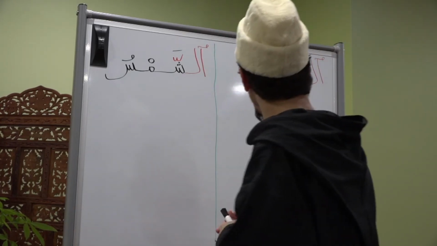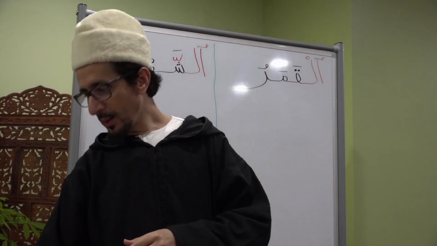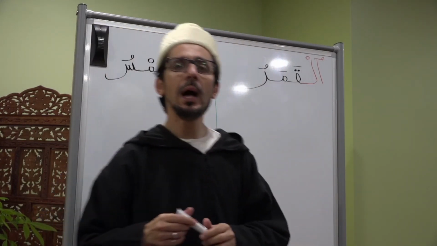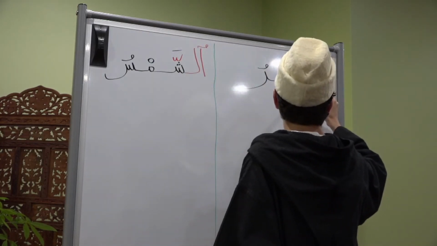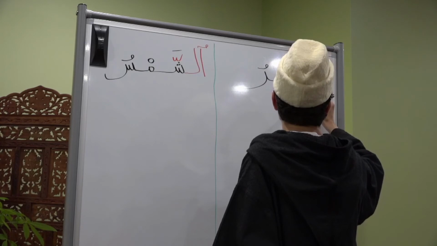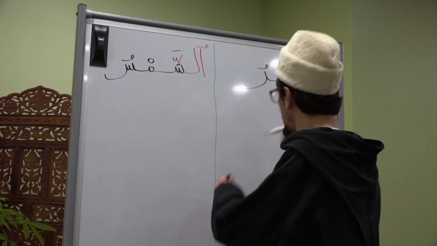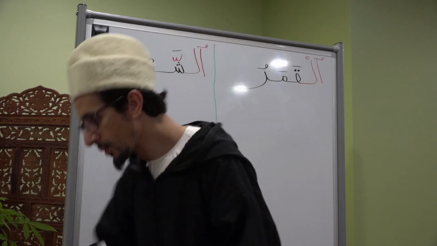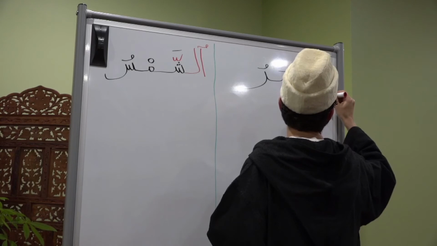Give me a noun with hamza that you know. Abun, good. Abun means a father, and it follows the moon, and that's al-abu.